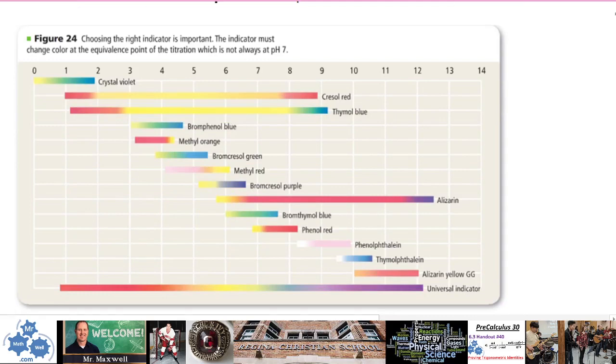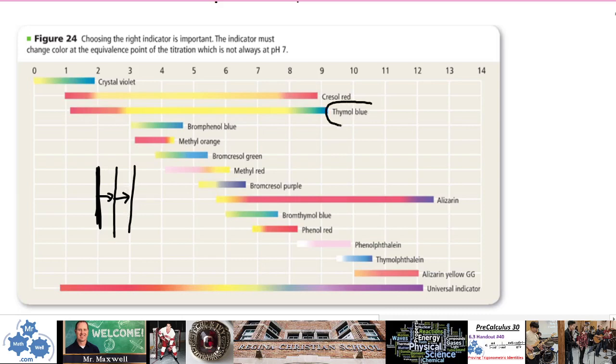Let's say we have some kind of acidic solution, and the pH is right here at about pH 2, very, very acidic, okay? And if we add base to this acidic solution, the pH is going to creep up. Look at what happens when the pH is 2, and we have an indicator.